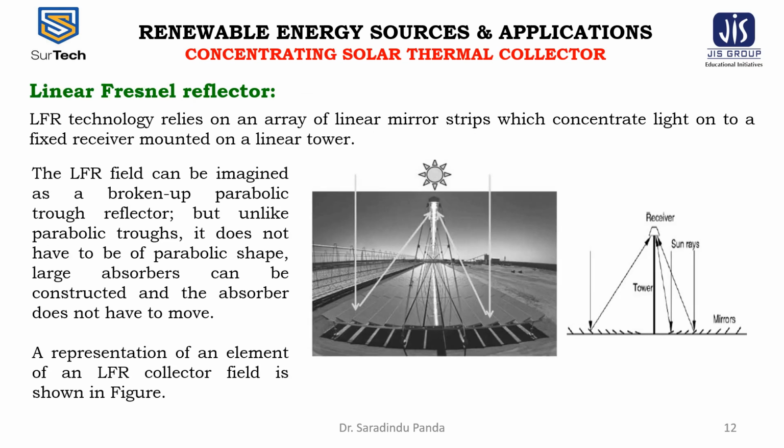Now come to the second type of concentrating solar thermal collector, that is the linear Fresnel reflector. The linear Fresnel reflector technology received its name from the Fresnel lens, which has multiple refracting planes designed to improve the concentration of the light coming from many different angles onto a single point or line.